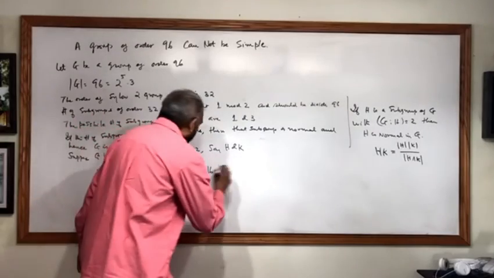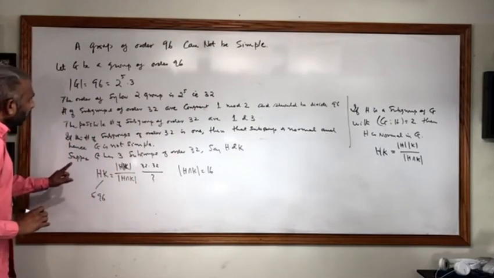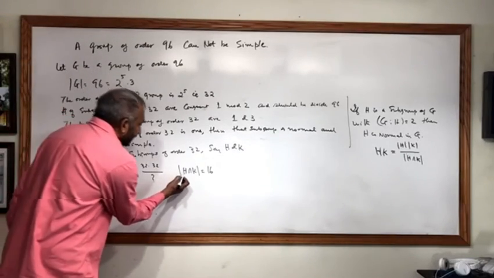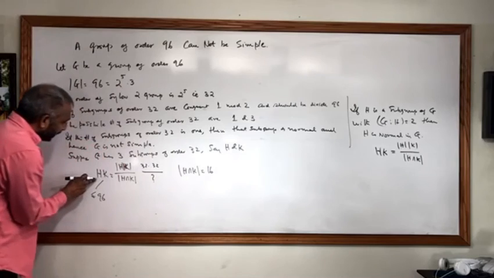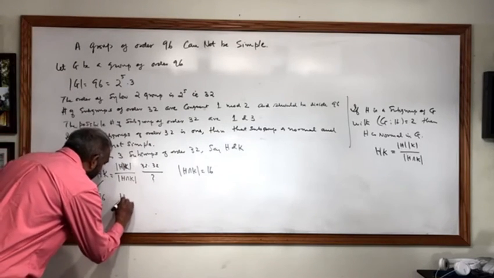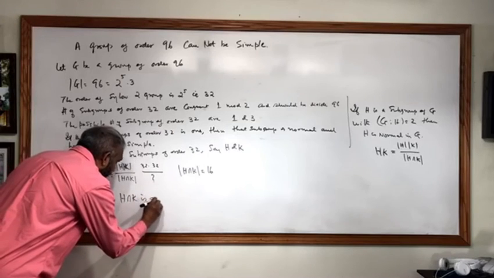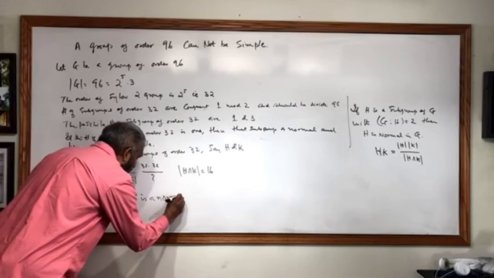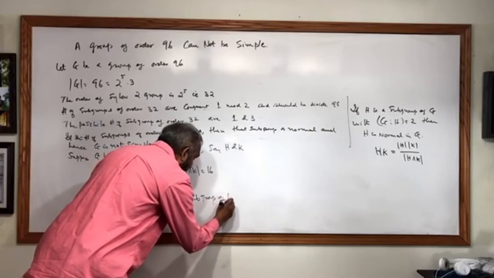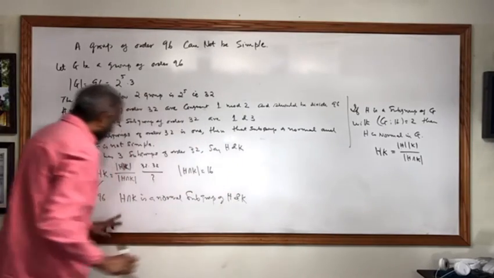So H intersection K is a normal subgroup of H and K. Why?